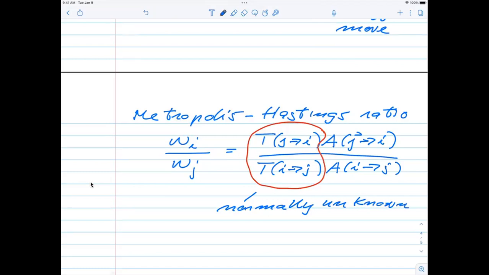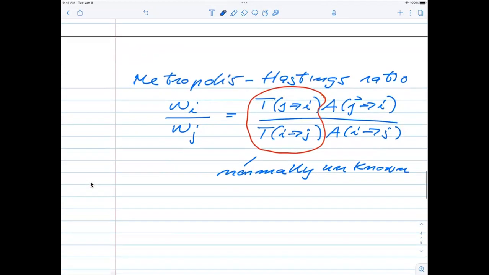In the simple Monte Carlo Metropolis, or just Metropolis, when we take away Hastings, the simplest implementation is to assume that this is a reversible probability.